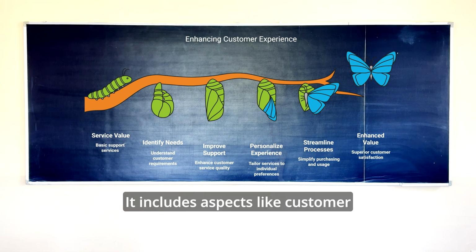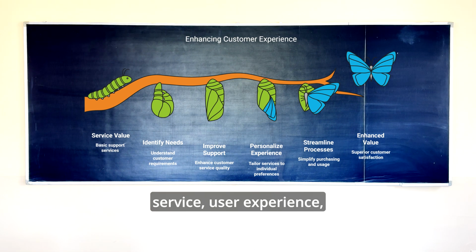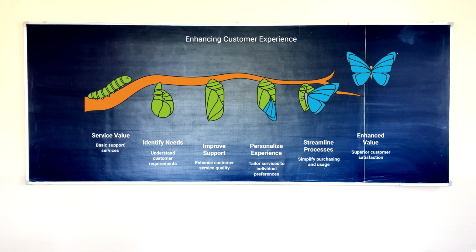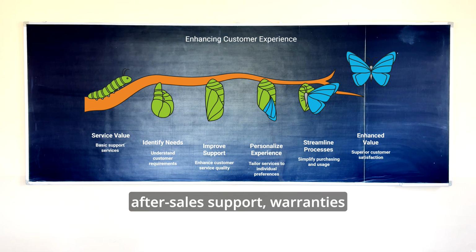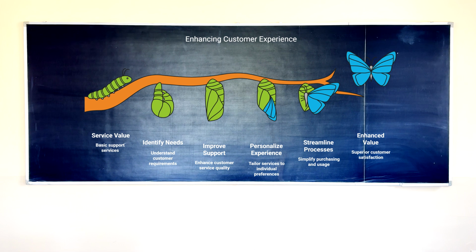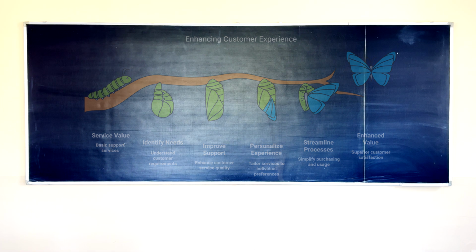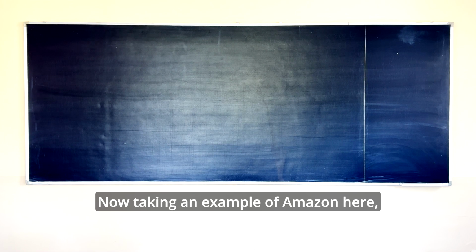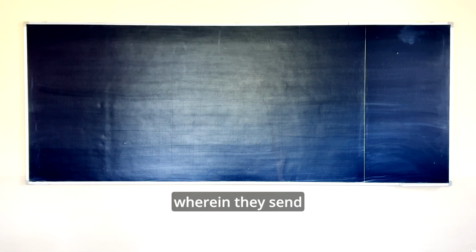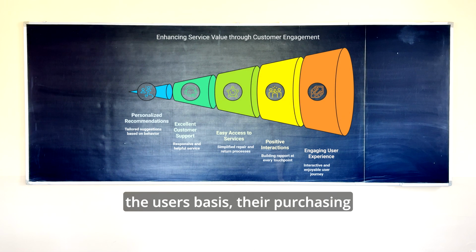It includes aspects like customer service, user experience, after sales support, warranties, and the ease of purchasing and using the product. The personalization value, that's also very important. Taking an example of Amazon here, wherein they send personalized recommendations to the users basis their purchasing behavior and browsing pattern.